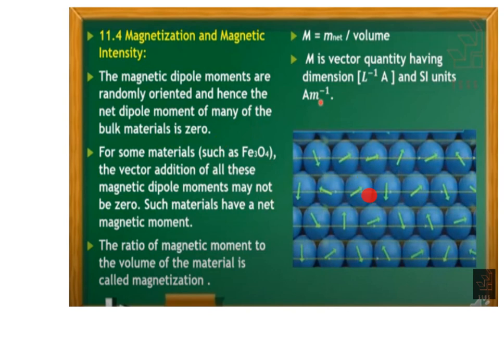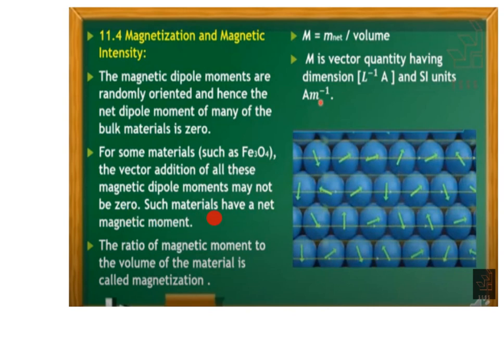In the second case, for some materials such as Fe3O4, the vector addition of all these magnetic dipole moments may not be zero.